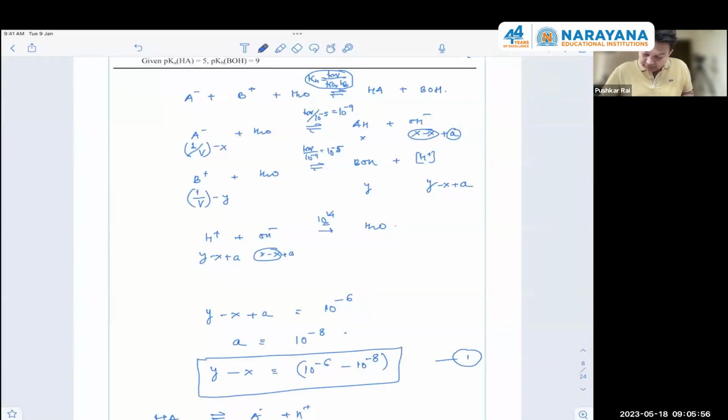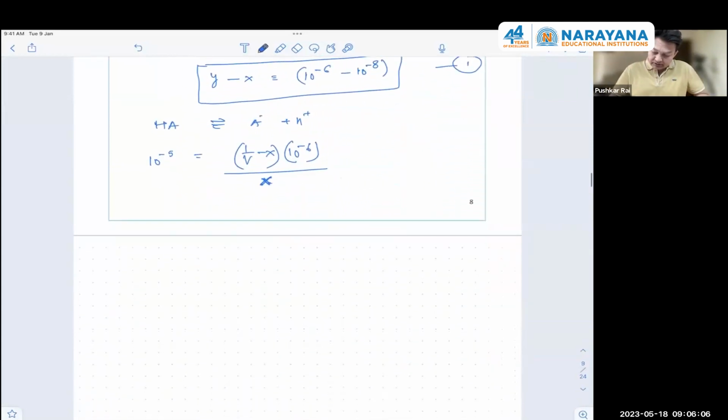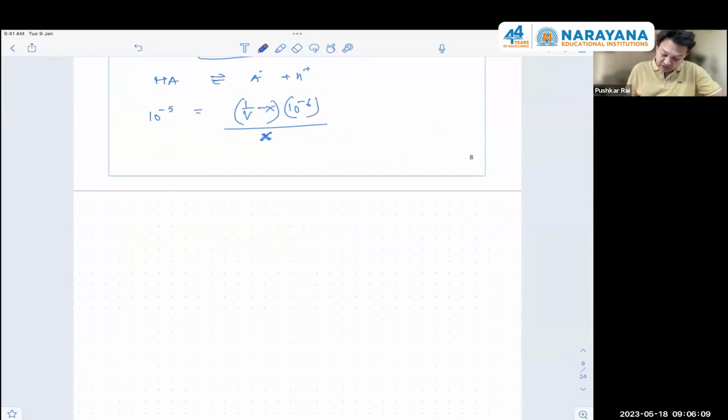And you see in this question, how to get this X and Y value. So you can also write it in one equation, realize one thing also: the total A negative concentration plus total OH negative concentration is equal to the total B positive concentration plus total H plus concentration. We already saw that the H plus concentration is 10 to the power minus 6, and this is 10 to the power minus 8.